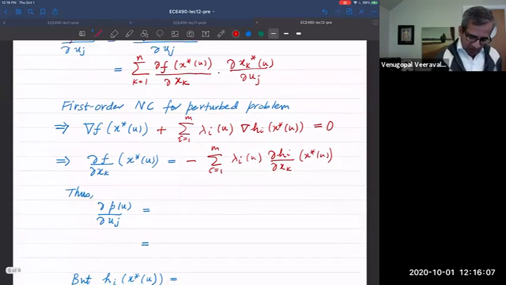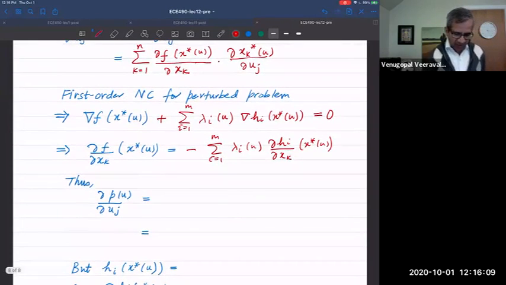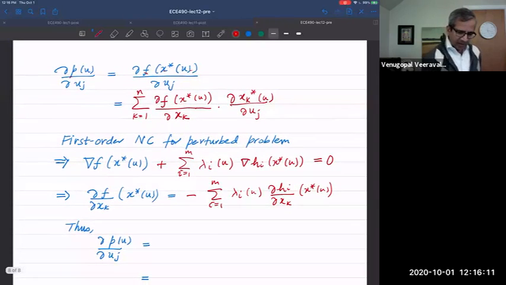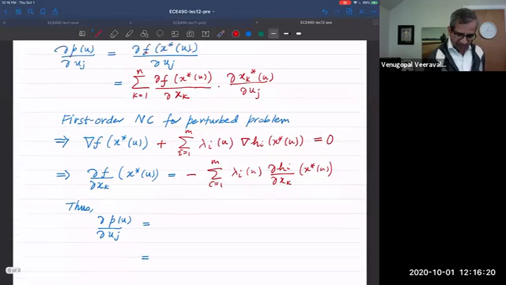Okay. So now, if I go back and try to plug that into this equation, I've got this as a summation, so I'll make this into a double summation now.